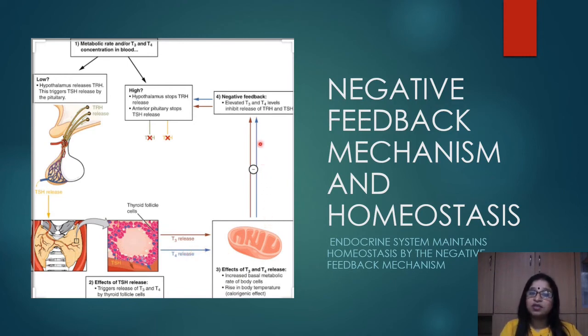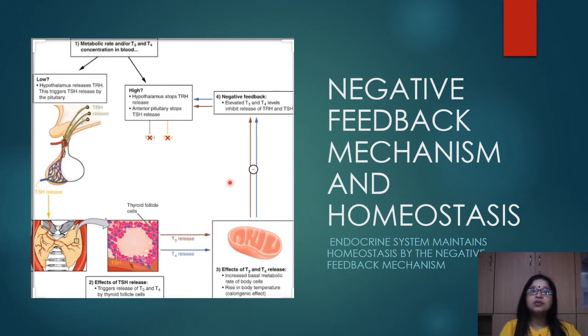When the level keeps on rising, the hypothalamus and the anterior pituitary get triggered by these raised levels of T3, T4, and the hypothalamus will stop its TRH release. At the same time, the anterior pituitary too will reduce or stop its TSH release. As a result, the stimulation to the thyroid will slowly reduce, and T3, T4 levels will come back to normal.